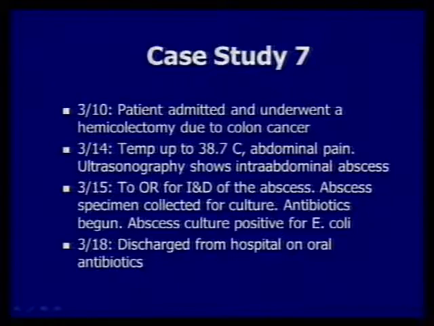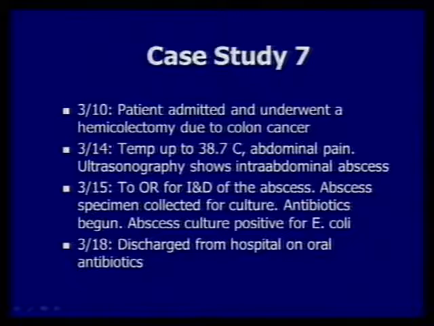So on case study number 7, we've got a patient admitted and underwent a hemicolectomy due to colon cancer. On the 14th, they spike a fever and have abdominal pain. Their ultrasound shows an intra-abdominal abscess. They go to the OR for an I&D, and they collect a culture that is positive for E. coli.